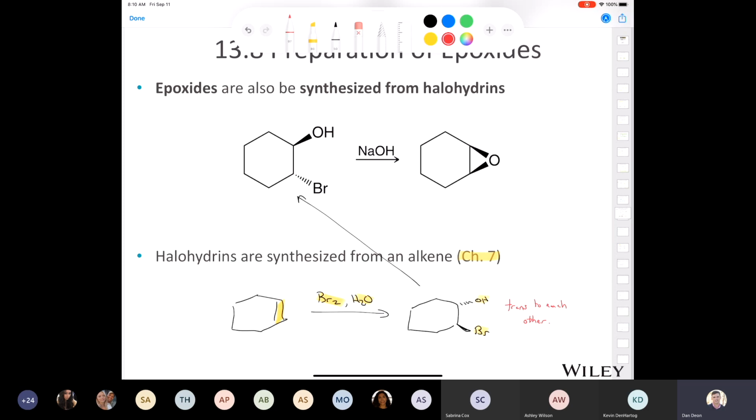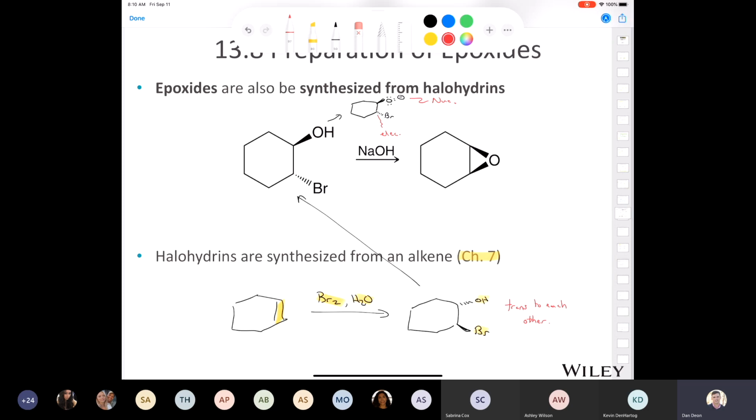Now, you can probably guess that when you treat this with sodium hydroxide, you're going to form this alkoxide. I should draw the wedge here. Then you've got a bromine here. So you've got a nice tasty nucleophile here, and now you have a good electrophilic center and a good leaving group.